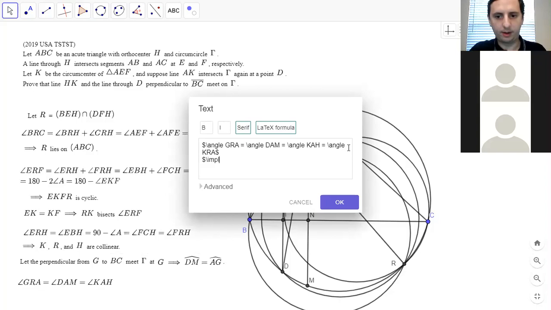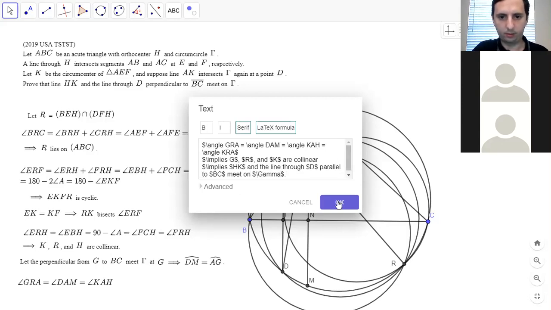And then that means that G, R, and K are collinear. And that means that HK, so I still have to show those similar triangles, so I'll do that in a second. Line through D parallel to BC meet on gamma.